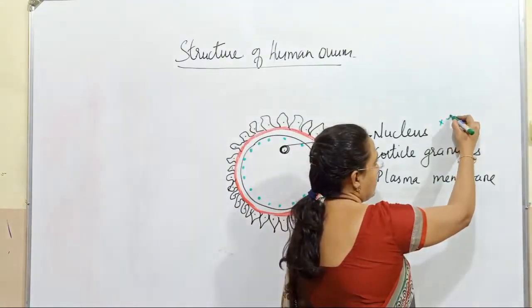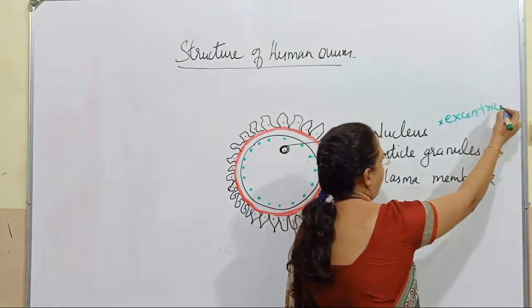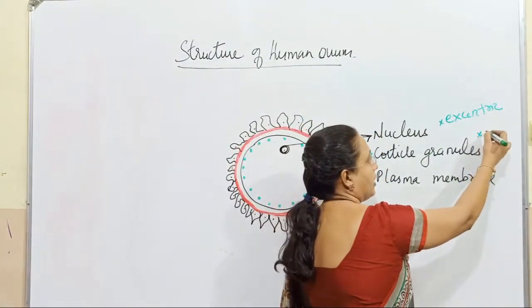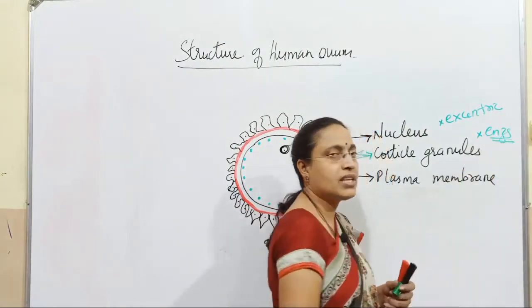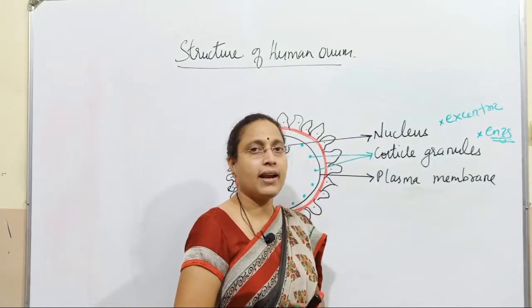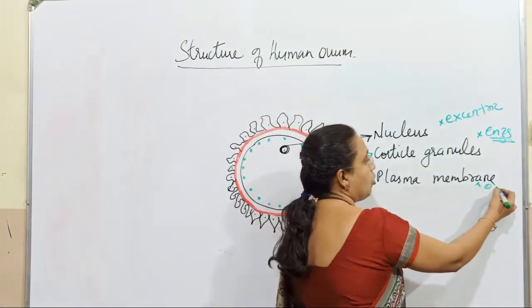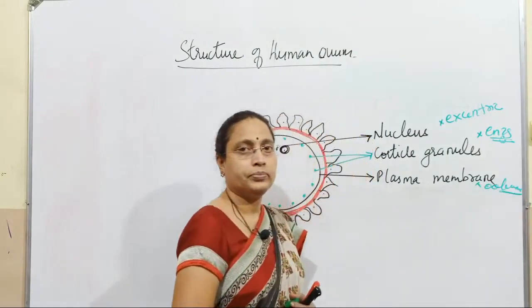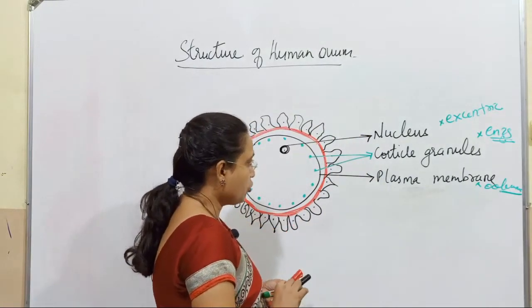The nucleus is eccentric. Cortical granules may have enzymes as well as polysaccharides, protein digesting enzymes and certain types of polysaccharides. And the plasma membrane is also called oolemma. So these are the points which you should know.